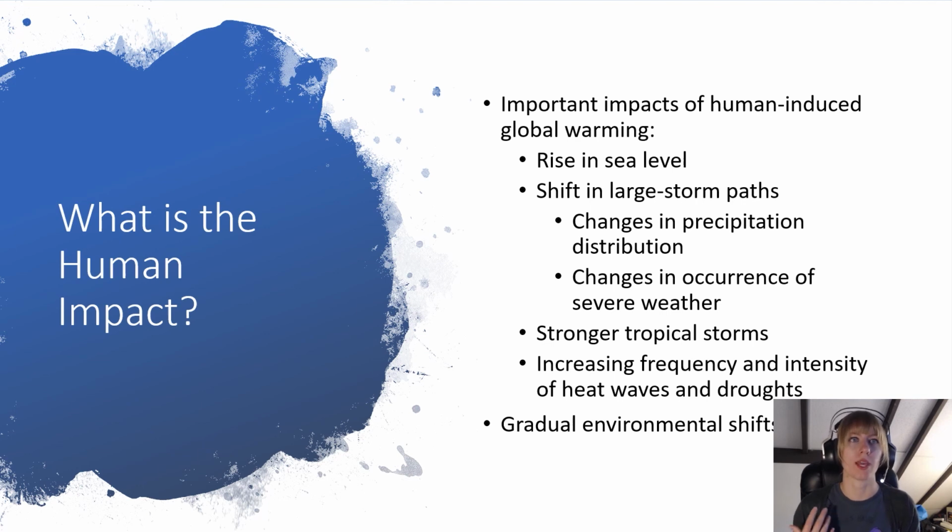We have increasing frequency and intensity of heat waves and droughts. And then gradual environmental shifts. So, for example, up north, winter is coming later. So rather than having snow in December, we're having more or less snow in March and April when we shouldn't have snow anymore. And then instead of having spring, we're jumping right into summer.